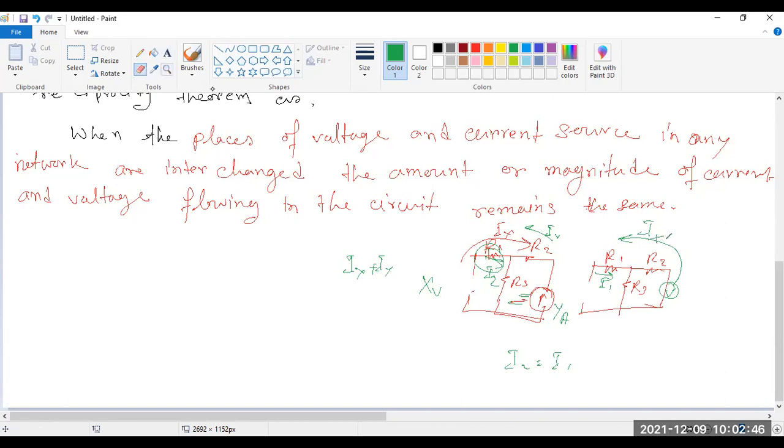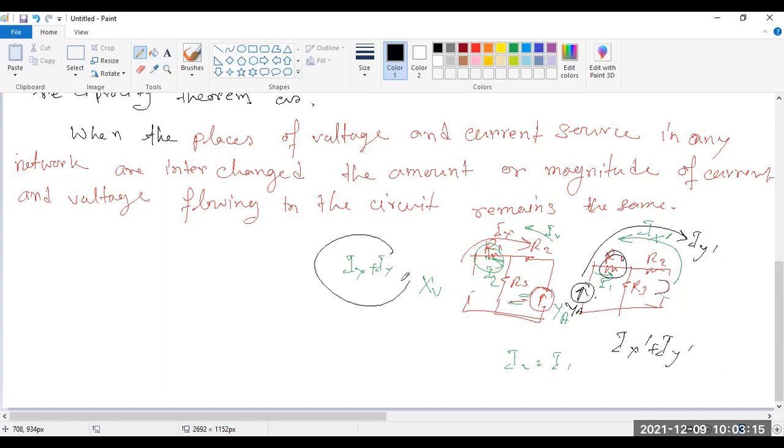And if I replace the voltage source by shorting it, again applying the superposition theorem, the current flowing through this branch is Iy dashed. So here the resultant current is Ix dashed plus Iy dashed.